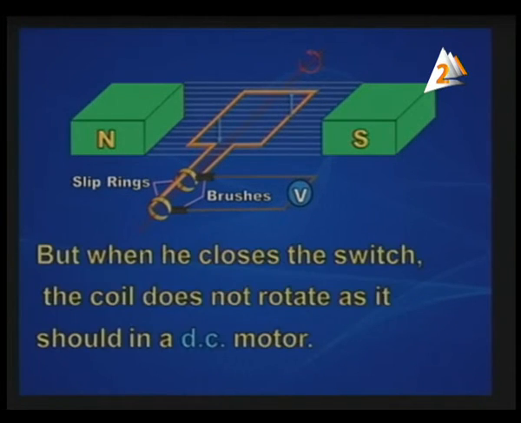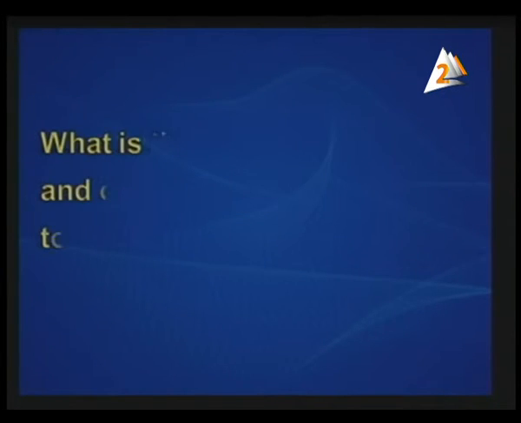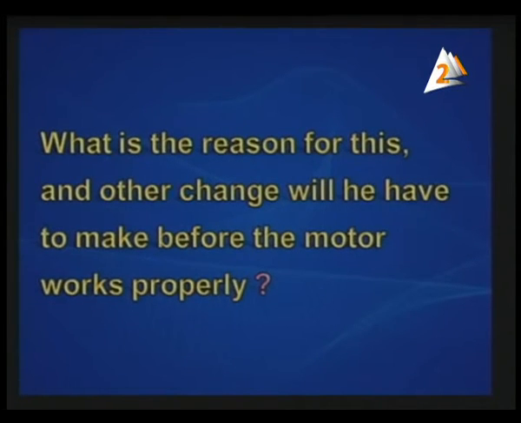But when he closes the switch, the coil does not rotate as it should in a DC motor. There is something wrong. We want you to recognize this. When he closes the switch, when he allows the current to flow, the coil does not rotate properly. Why? What is the reason for this? And what other changes will he have to make before the motor works properly?